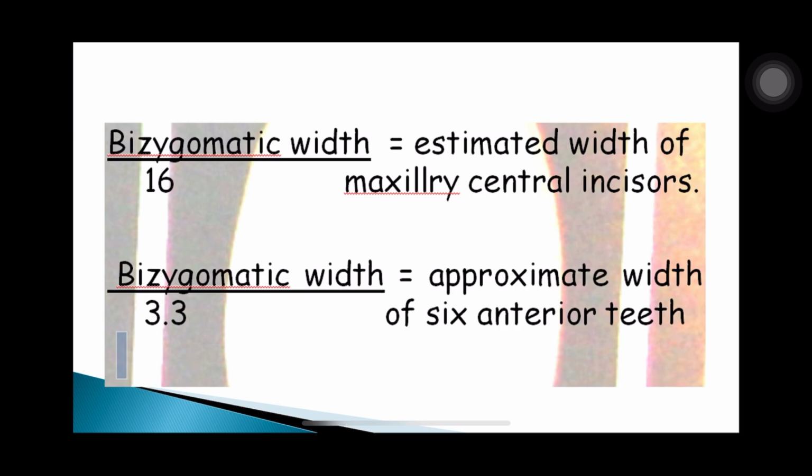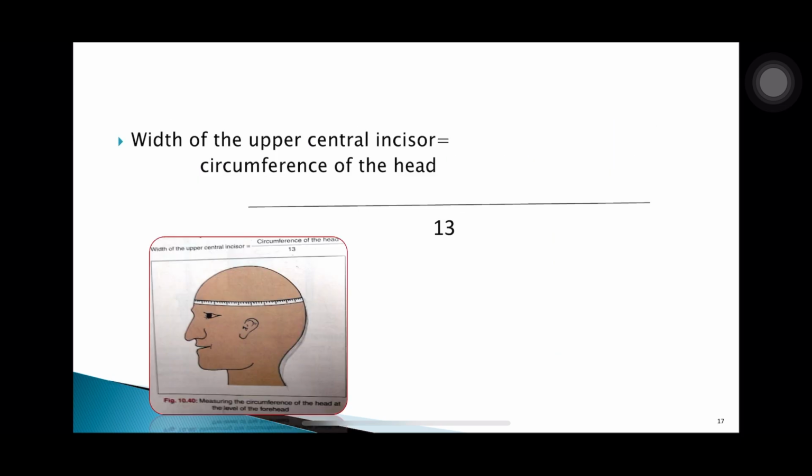Apart from the width of the anteriors, we can also measure the circumference of the head. The width of the maxillary central incisor can also be measured by the circumference of the head divided by 13.